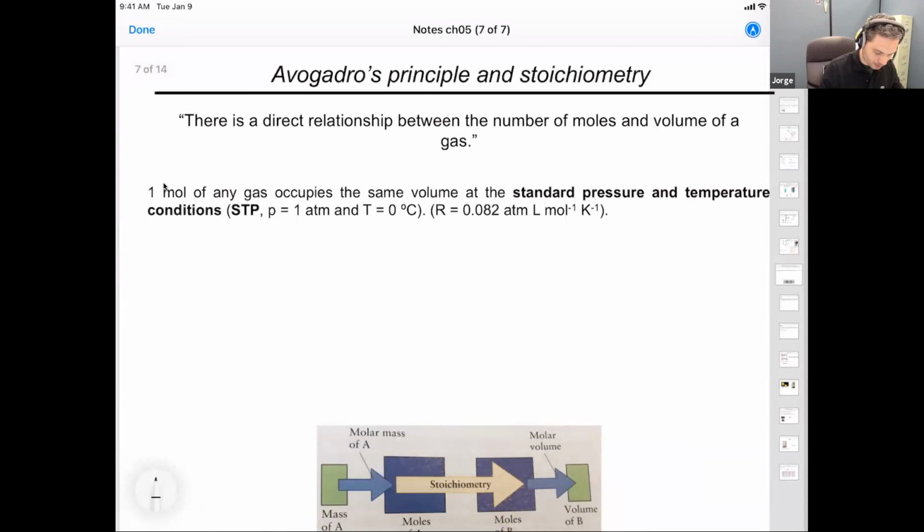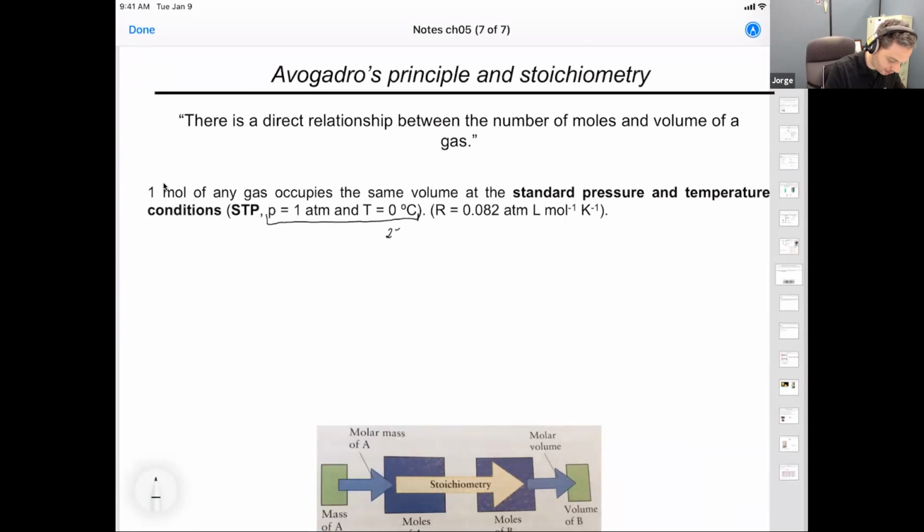If we are at STP, the pressure and temperature are kept constant and equal to 1 atmosphere and 0 degrees Celsius.